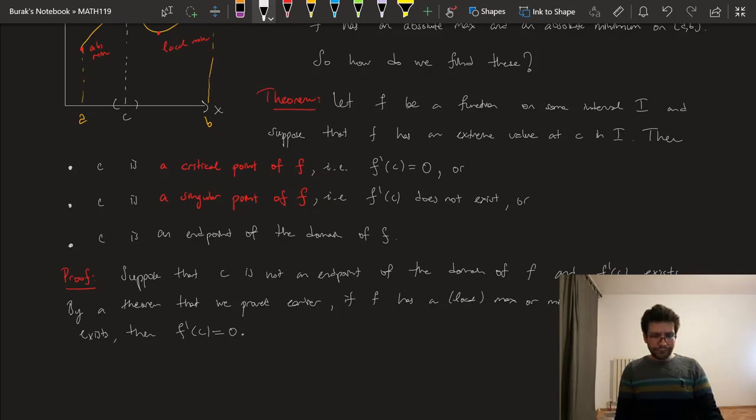We proved this theorem earlier. It's in the week when we proved the mean value theorem. You can look at my lecture notes from earlier weeks to find this.